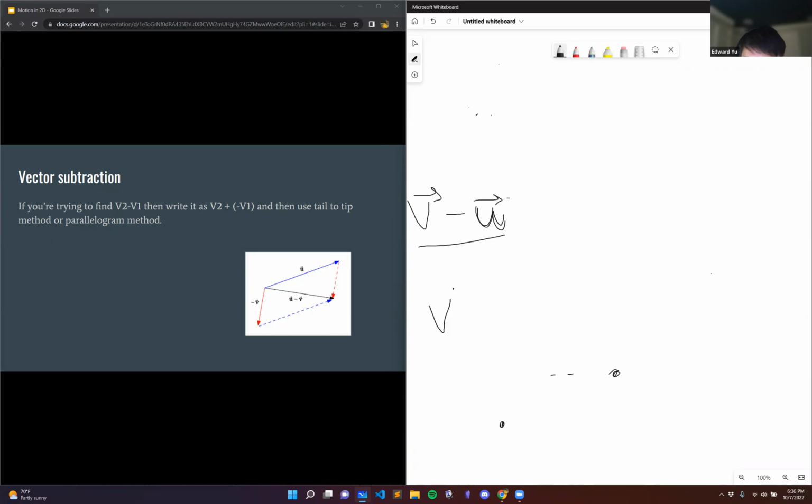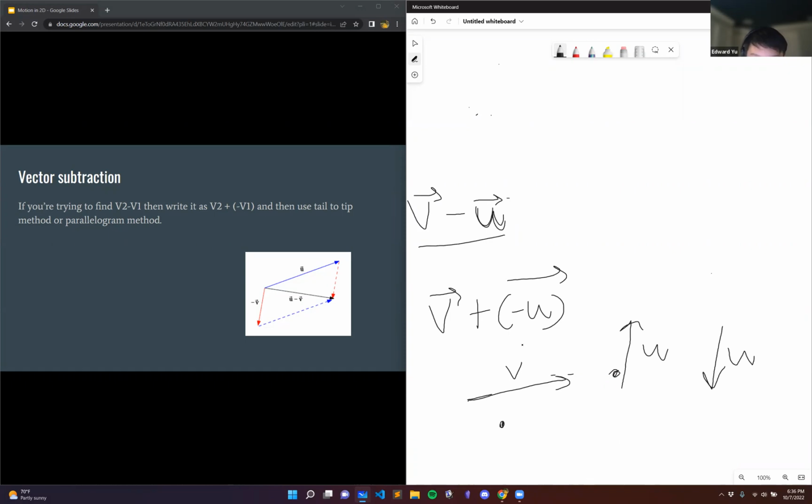You would want to write it as v plus minus u, because this is just writing it as vector addition. If u in this diagram is initially like this, then negative u would just be going the opposite direction.